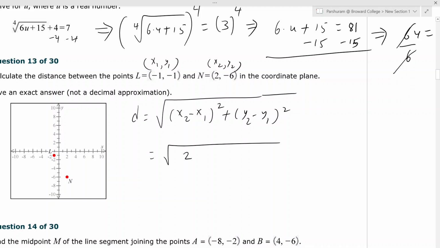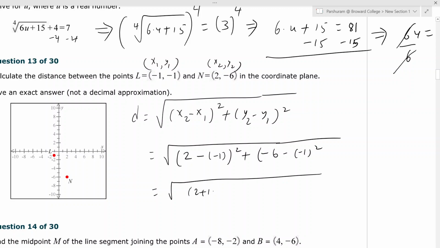So now finally we're going to put these values here. x2 is 2 minus x1 which is -1, squared, plus y2 which is -6 minus y1 which is -1, squared. If we simplify this, it will be 2 plus 1 squared plus -6 plus 1 squared, which is basically 3 squared, which is 9, plus -5 squared, which is 25. So it's the square root of 34.